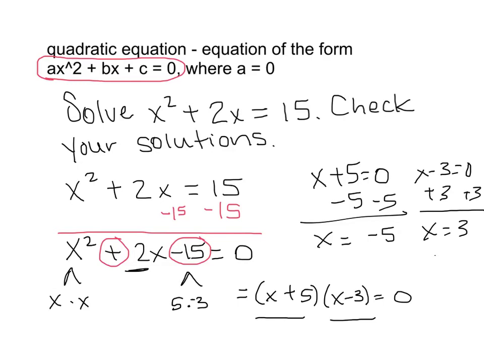Now our directions also say to check your solution. I'm going to leave that to you. I want you to go back and substitute negative 5 in, then work the problem again, substitute 3 in, and see if you get 0 both times.